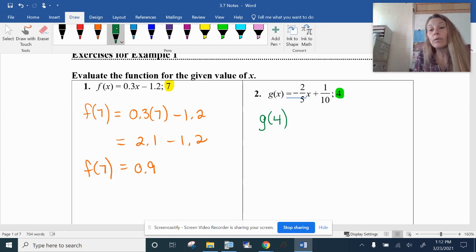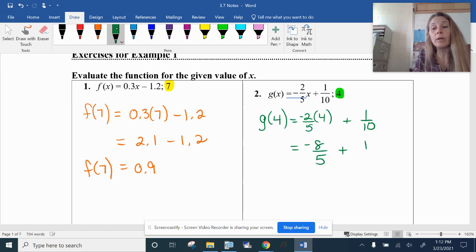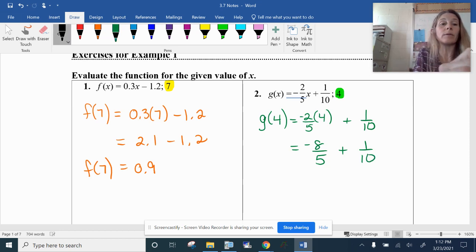So here g of 4 equals negative 2/5 times 4 plus 1/10. Negative 2 times 4 gives me a negative 8. Now I'm going to add that to my 1/10. Adding fractions, basic here: 5 times 2 is 10. We need that common denominator.